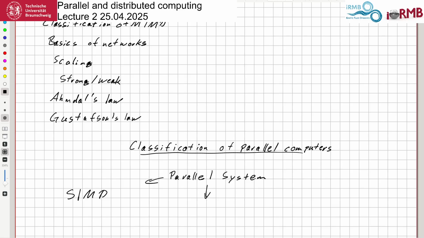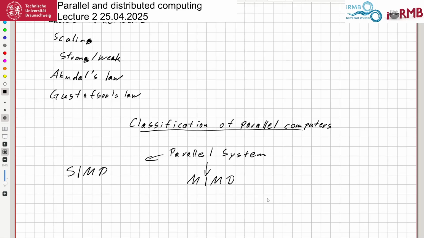What was in between and still is important is multiple instruction, multiple data. This is where most of what we consider computers, what you have in front of you, what I have in front of me here, are part of.